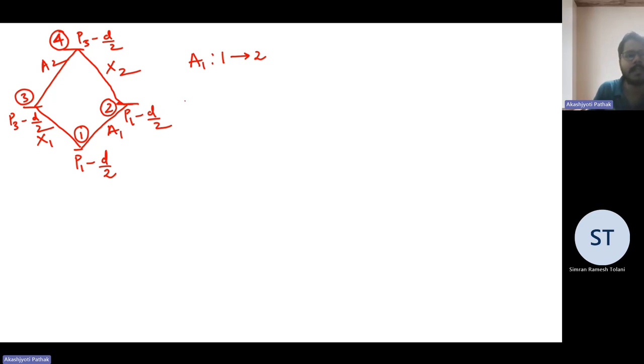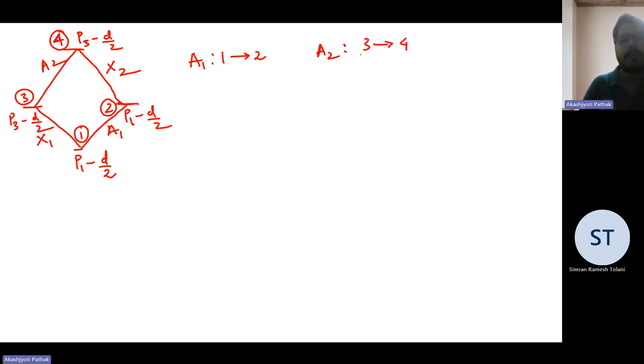Since there is no population difference, we won't see any signal due to the A1 transition. Similarly, in the case of the A2 transition, 3 to 4, we won't see any peak in our NMR signal, because here also the population difference is 0.